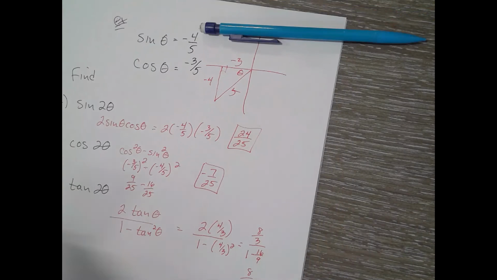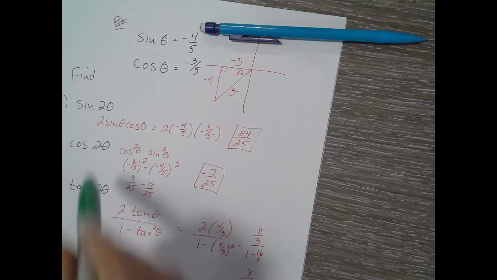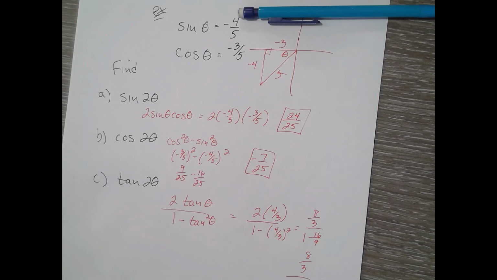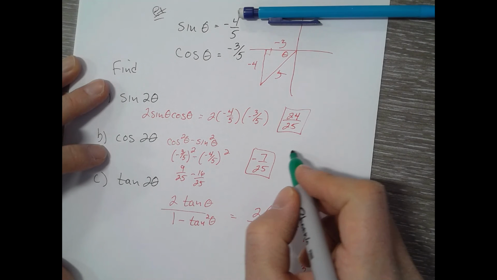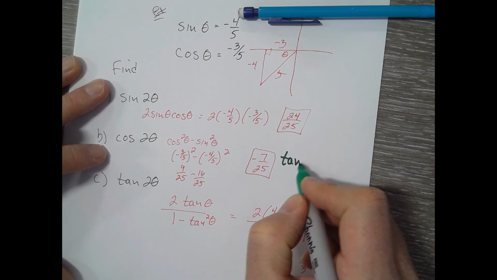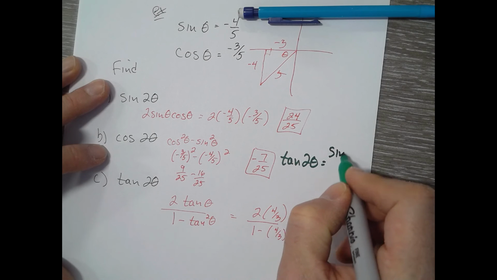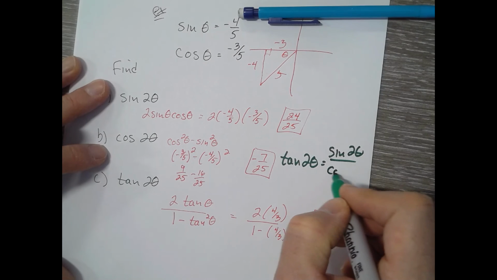Okay, so that's the long way. The short way would be the tangent of 2 theta is sine of 2 theta over cosine 2 theta. So we could just say tangent 2 theta equals the sine of 2 theta over the cosine of 2 theta.